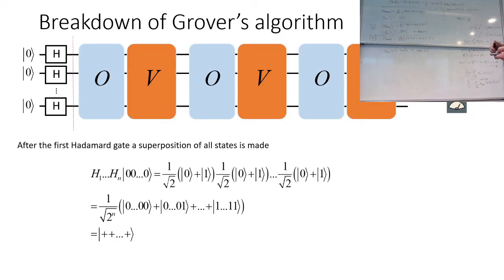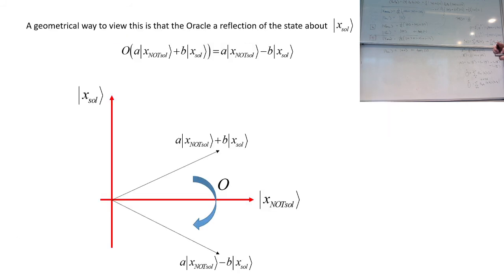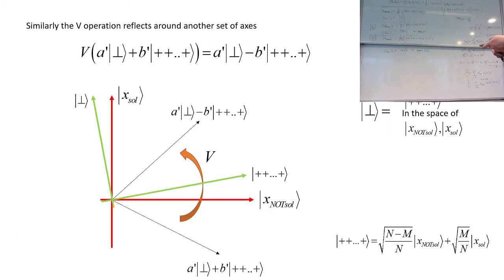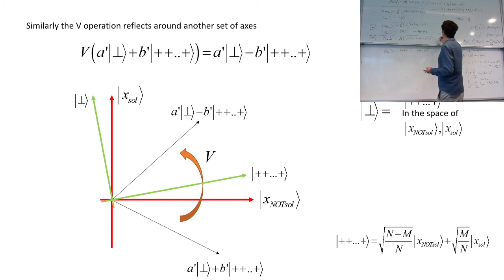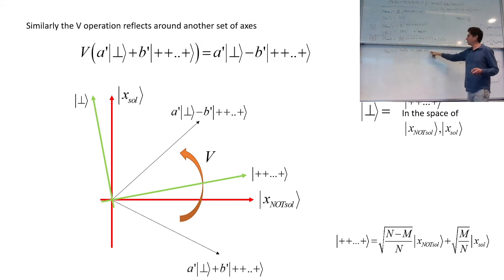And so what I've defined here, so here's the plus plus plus state. That's exactly this thing which I was talking about. And this perpendicular thing, that's what I mean by this guy here. It's a state that's perpendicular to that.